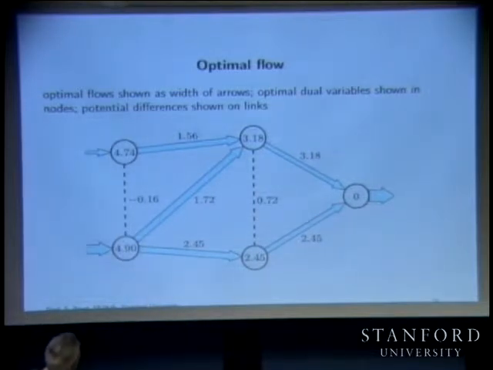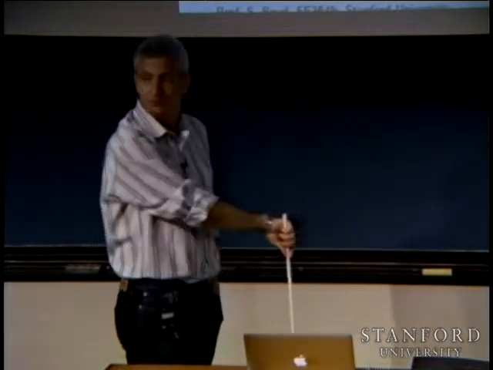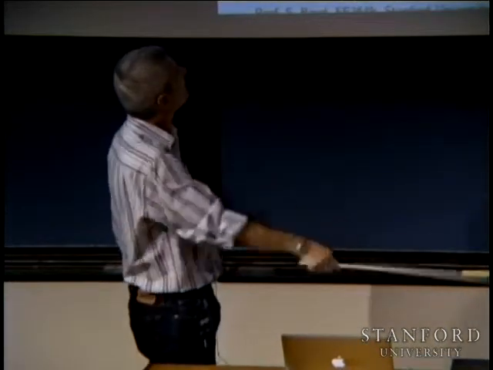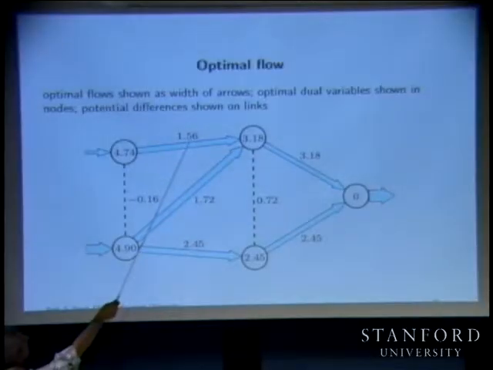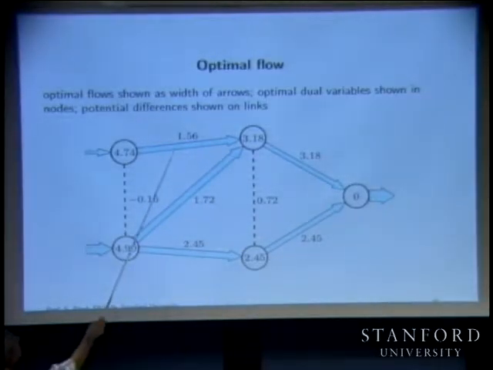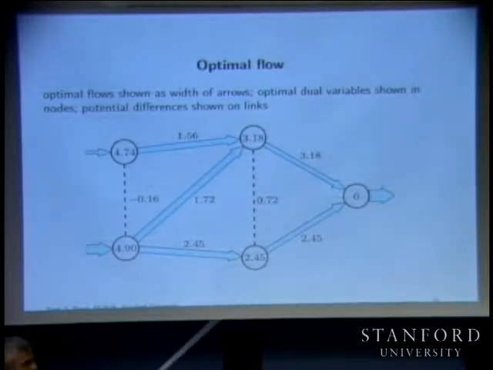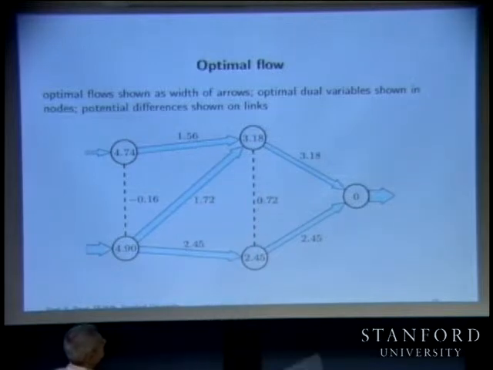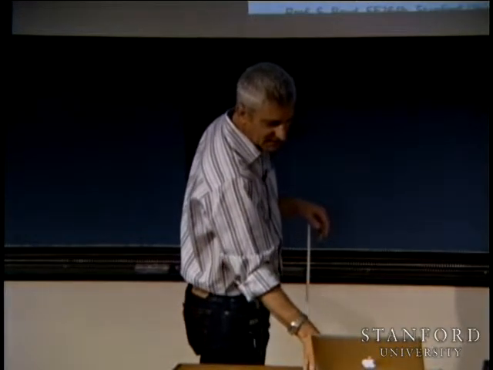So maybe this tells you the potential difference or something like that. The width of this is supposed to give you the flow level, but that's deeply suspicious because, for example, this thing is way too small. So we'll have to figure out what actually happened here. Okay, but that's the picture.